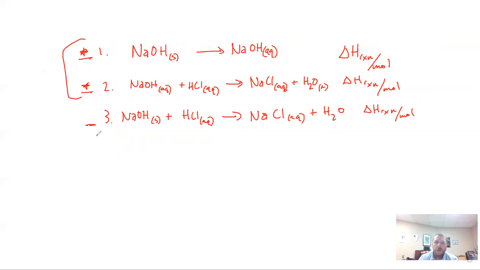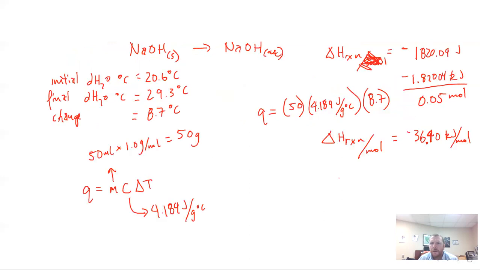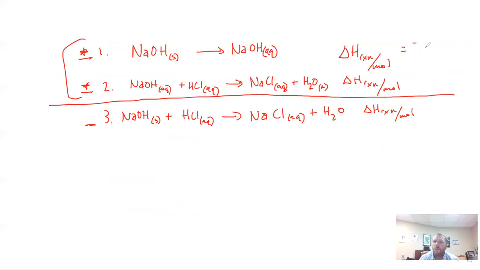And if we look at our first two reactions and draw our line here, I'm going to say that this value is negative, what did I get? Negative 36.4 per mole.